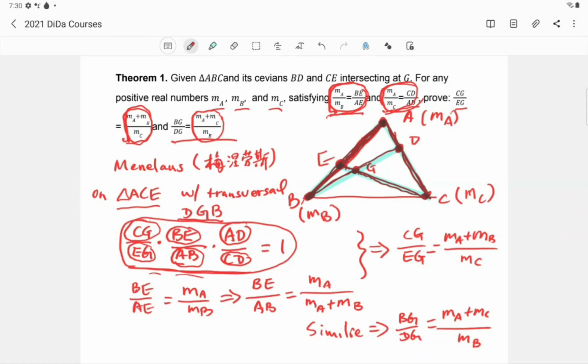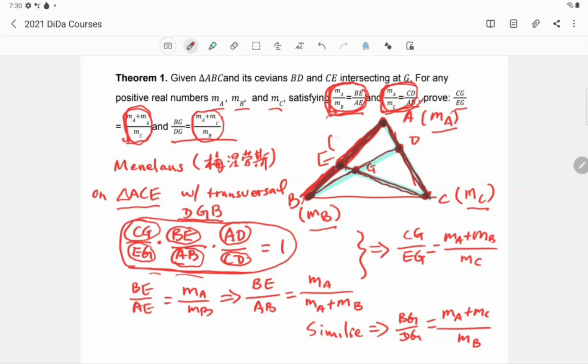In the examples, we first determine MA, then use the ratio of AD over CD to get MC, which will satisfy this. We also use the ratio AE over BE to get the mass at B, satisfying this ratio.